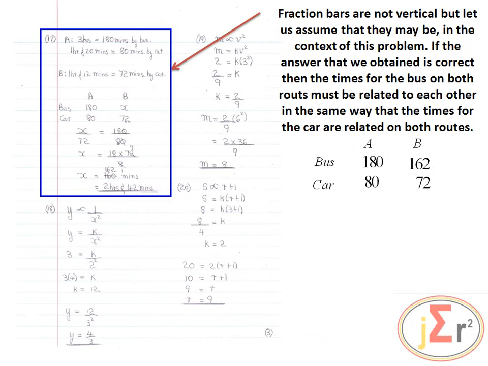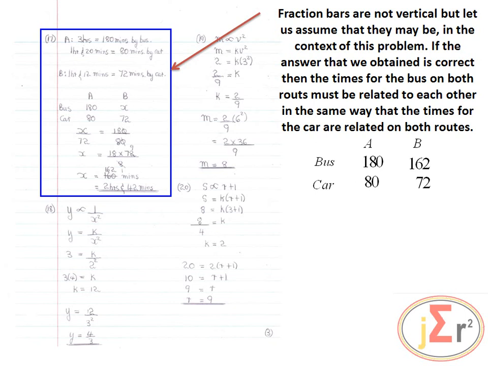Fraction bars are not normally vertical, but let us say they are in the context of this problem. If the answer that we obtain is correct, then the times for the bus on both routes must be related to each other in the same way that the times for the car are related on both routes.